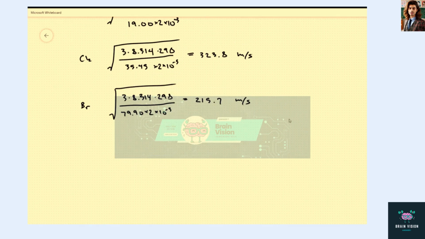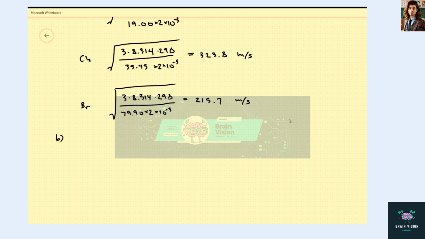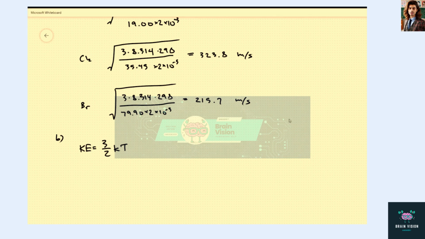Let's look at part B. Now, if we assume all these gases are ideal, then we know that temperature is just average kinetic energy. So their molar mass wouldn't matter. And in fact, the formula for kinetic energy is just 3/2 kT, where k is Boltzmann's constant.